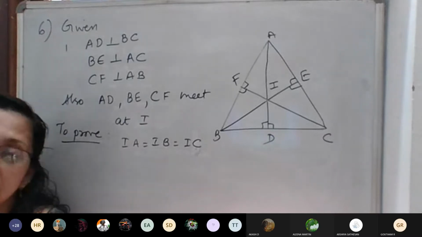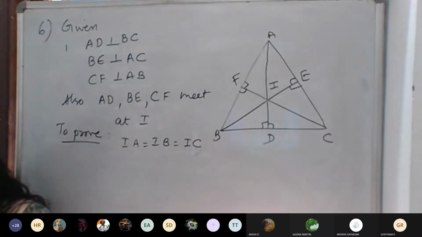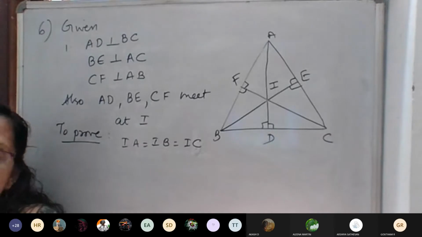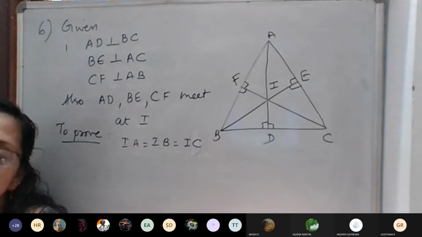Separate triangles we have to consider, then only we can find IA is equal to IB is equal to IC. So which three triangles we have to consider? Or two we can consider, no? Two is enough.